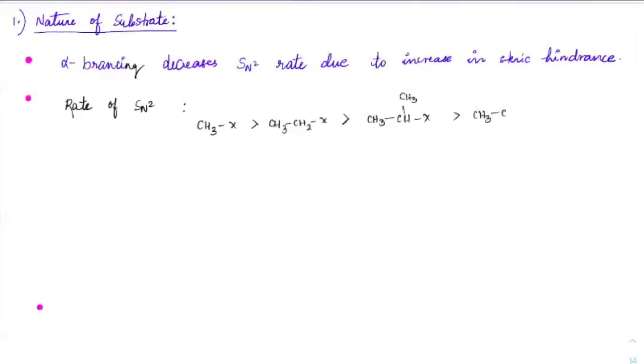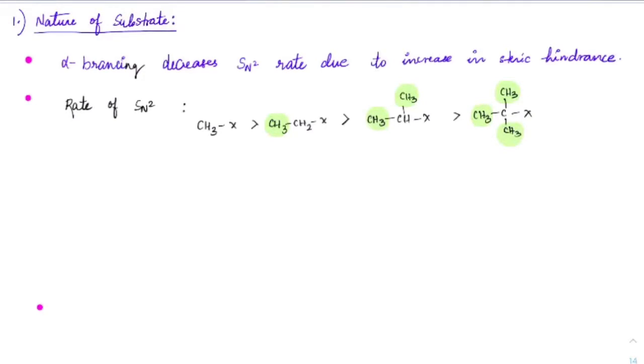You can see from primary carbon, as this methyl group starts increasing, it has become secondary, now it has become tertiary. So as this group increases, the relative rate decreases.